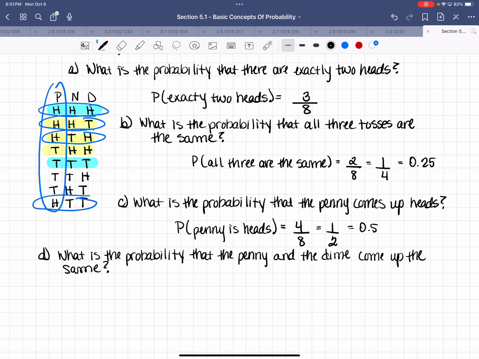Okay, let me change, I'll use red. So that first one's pretty good, right? I got a head and a head. Penny and my dime are the same. Okay, row 2, no. Row 3 looks good. He's a head and a head. Okay. 4's a no. 5, we like 5.